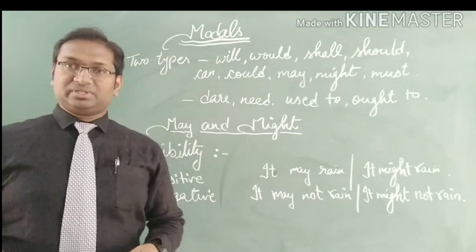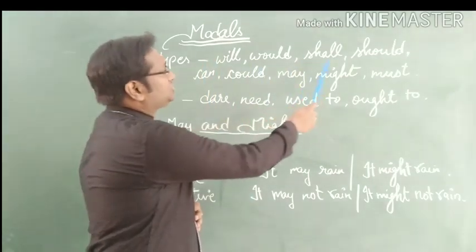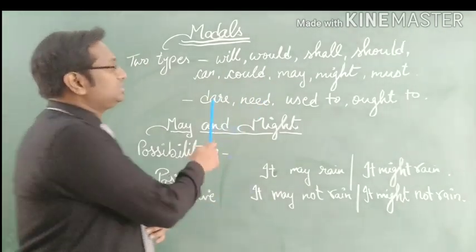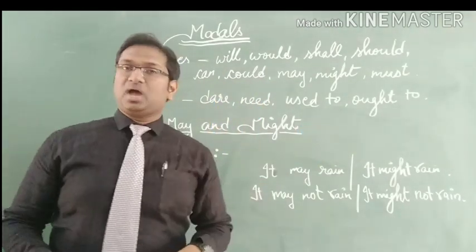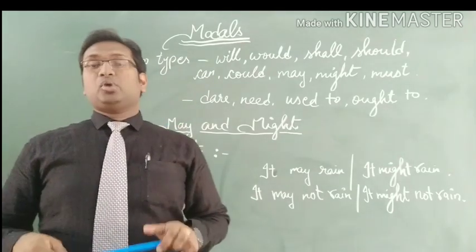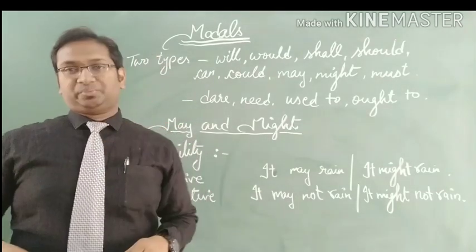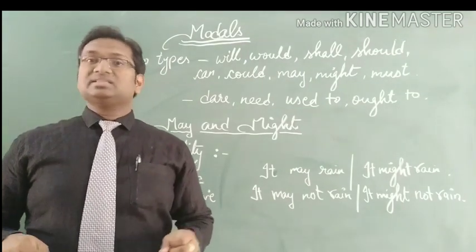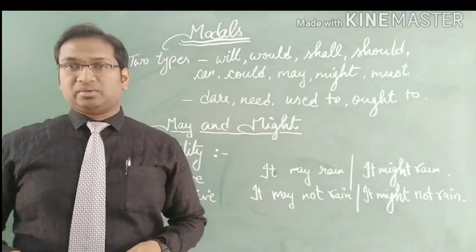Let's see some examples. Will, would, shall, should, can, could, may, might, must, dare, need, used to and ought to. Now these are your modals. Modals are divided into two parts. First is your true modals and second is your semi-modals.